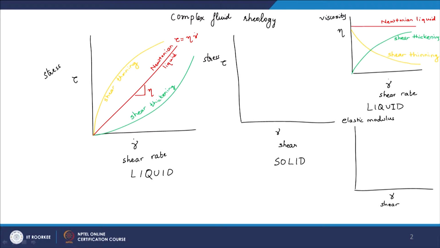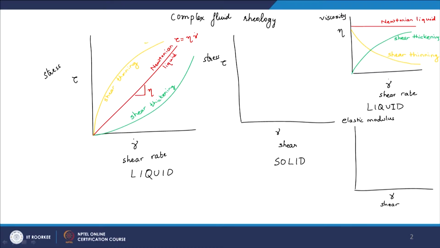So, one of the ways to characterize the shear thinning and shear thickening behavior is what is known as a power law model. That is, we write tau as something like eta gamma dot to the power n.